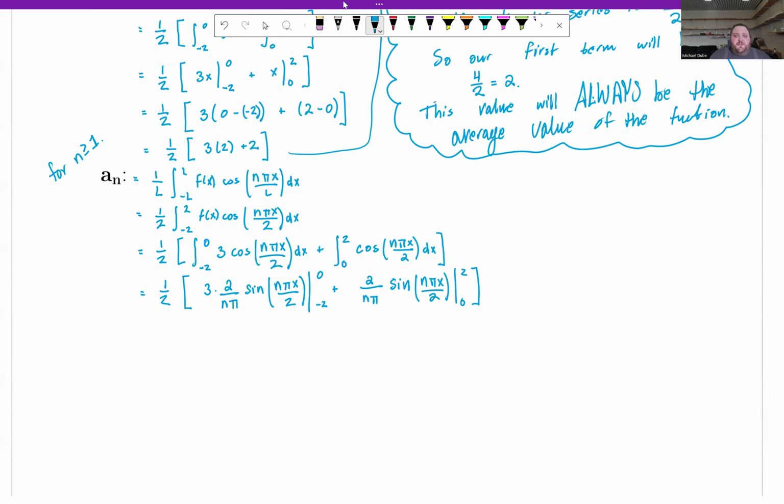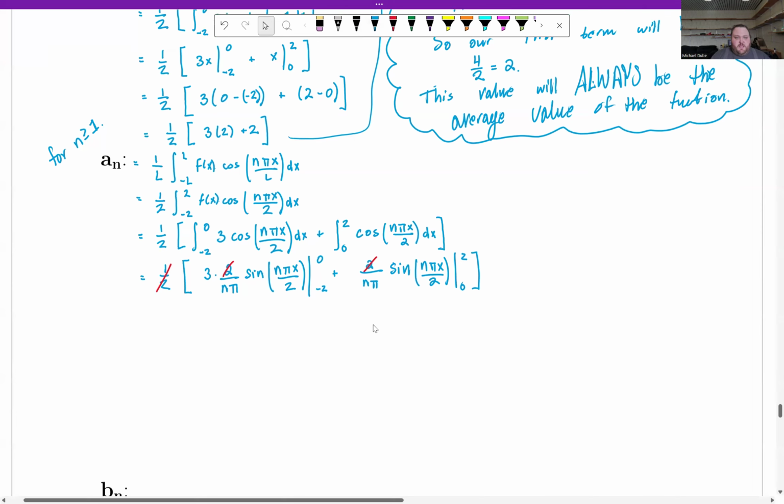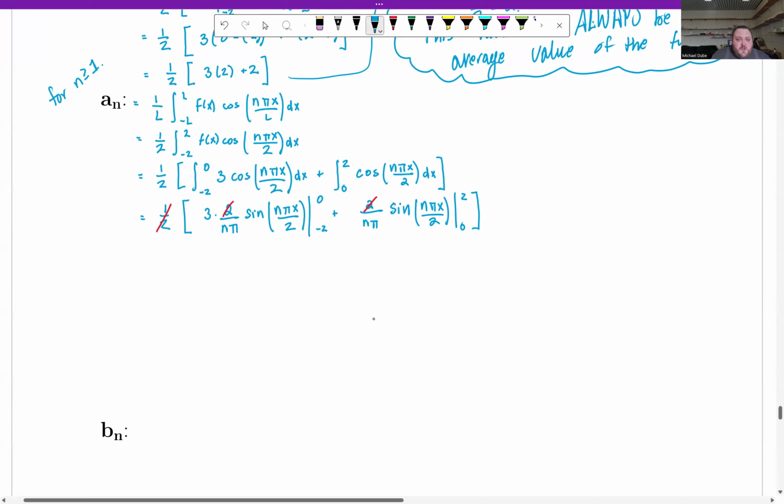And what I'm actually going to do is bring through this half, and so that'll get rid of these 2's. Perfect. So now we have 3 over n pi, and I'm going to actually evaluate these sine functions for these intervals. So I'm plugging in 0 on top.